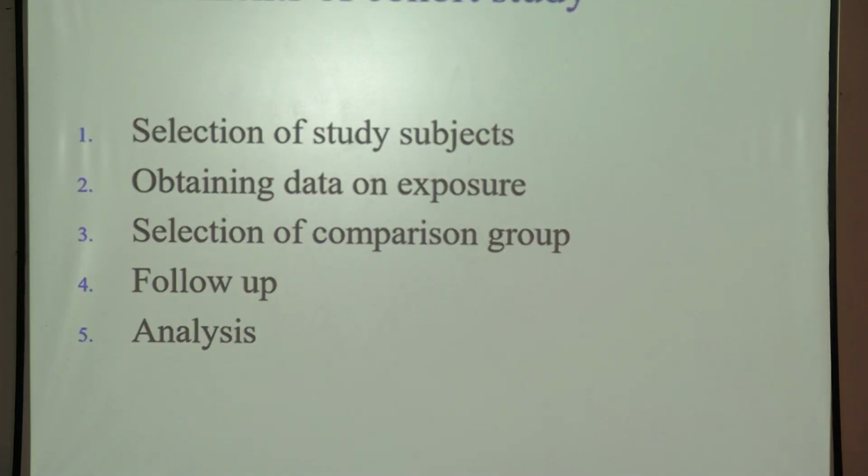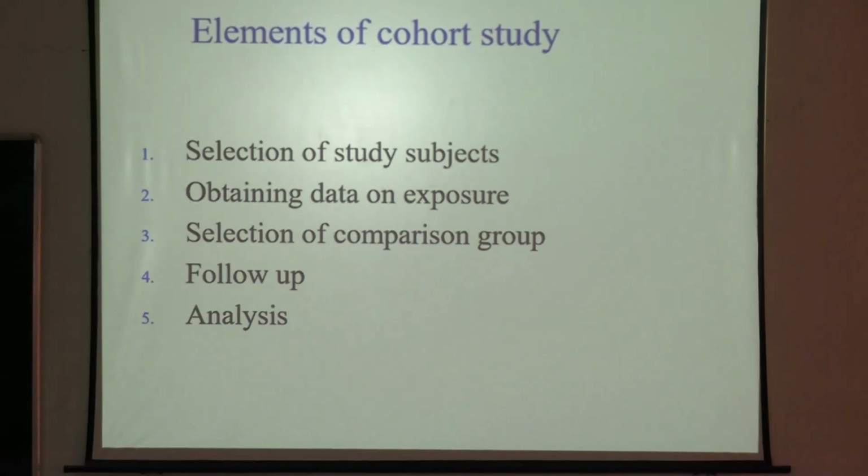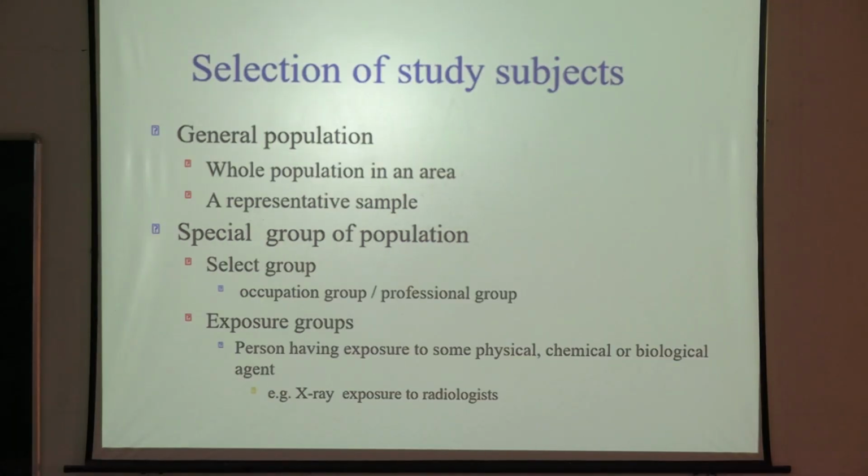The elements of a cohort study are important: selection of study subjects, obtaining data on exposure, selection of comparison group, follow-up, and analysis. Selection of study samples: general population, whole population area, representative sample, or a special group, such as an occupational group, a professional group, or an exposure group, people having exposure to physical, chemical or biological agents.